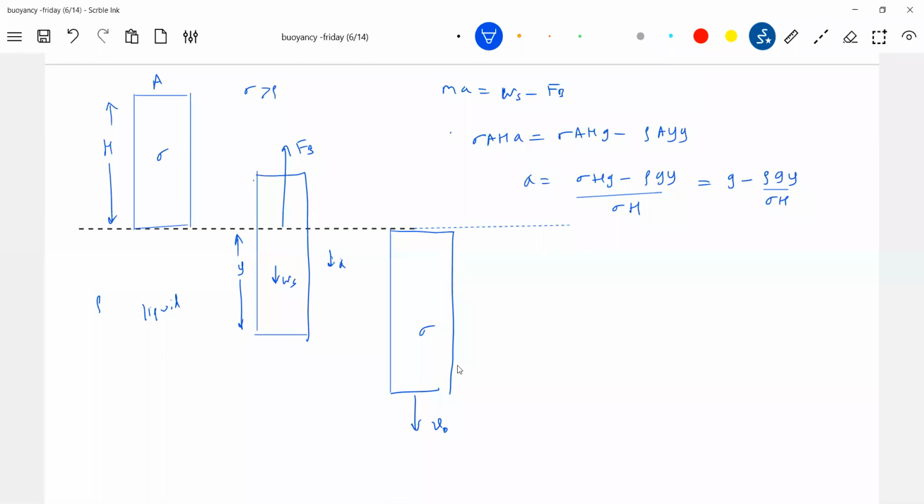So this is the expression for the acceleration. Okay, but what is being asked is a speed. So this acceleration, I can write as v dv by dy, which equals g minus rho g by sigma h into y.